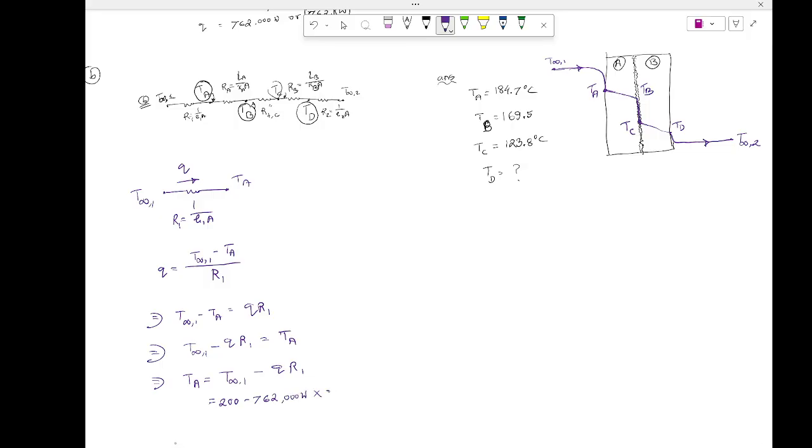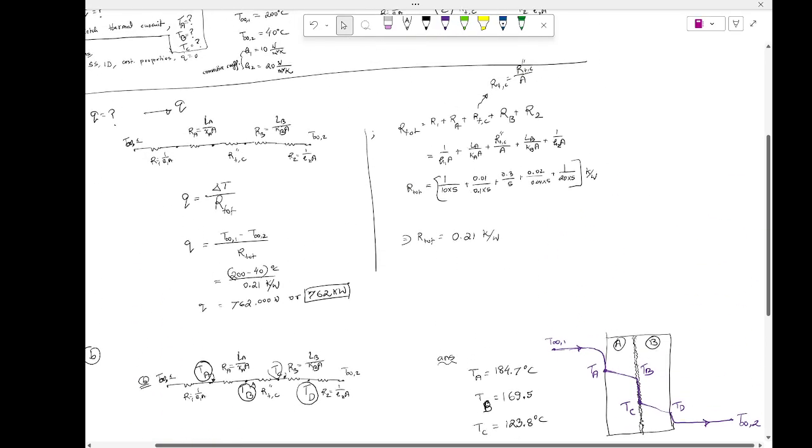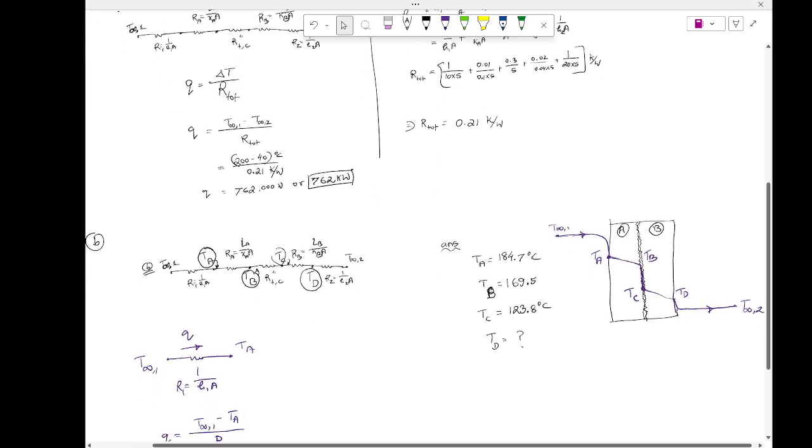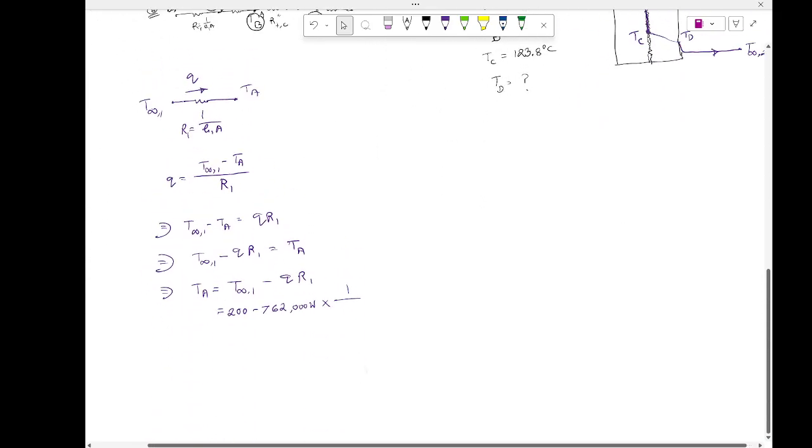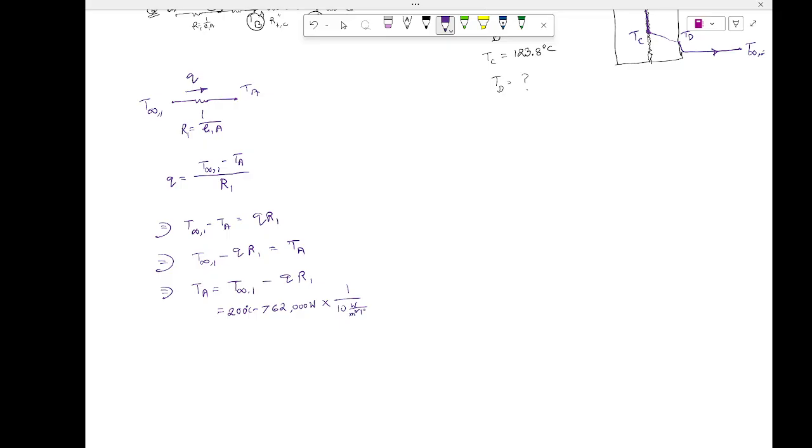What is my R1? 1 over, what is the H value? 10 and 5. See, I have to make sure the units are consistent. Units are consistent, right?